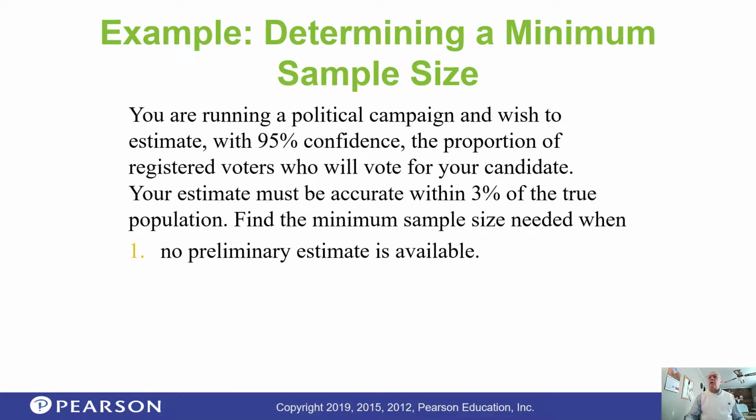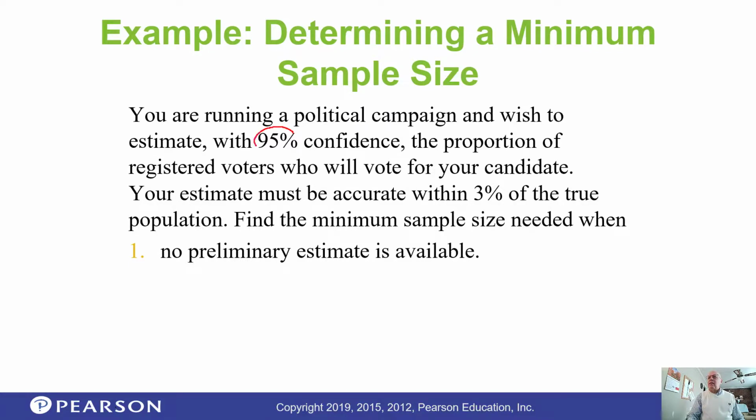And one more for the road. You're running a political campaign and you want 95% confidence of the proportion of registered voters who will vote for your candidate, or perhaps you. And your estimate must be accurate to within 3%. What's this 3%?